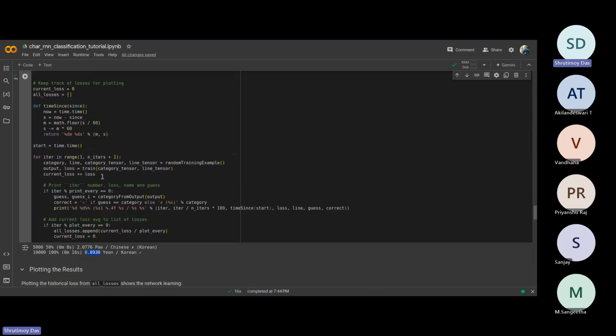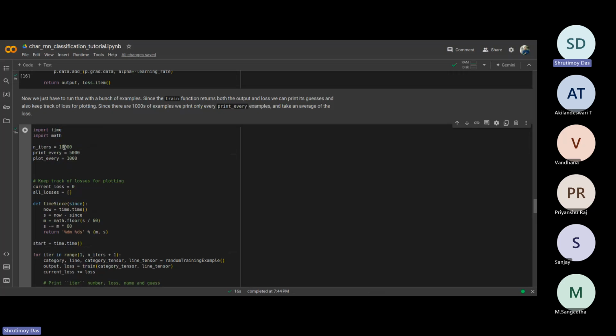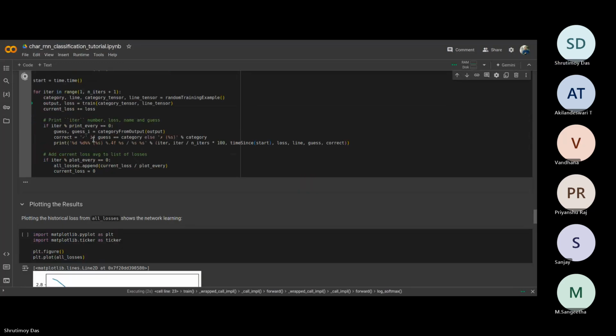Let me increase this. Say I'm doing 30,000 times. So after 5,000 iterations, I get a loss of 1.5.